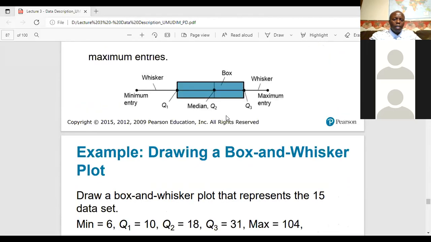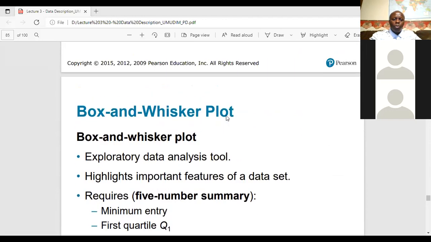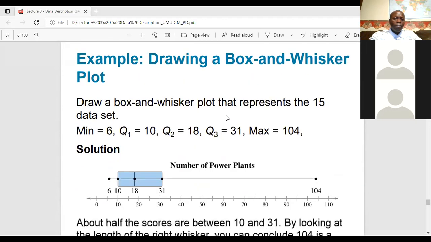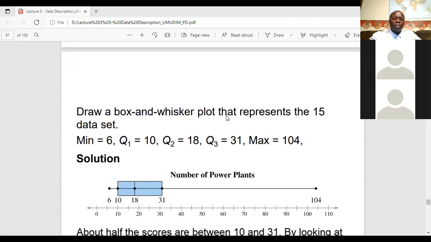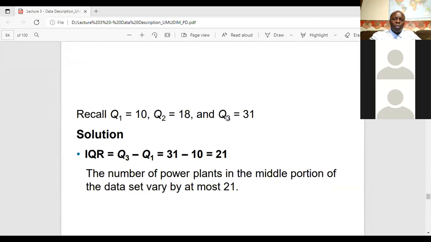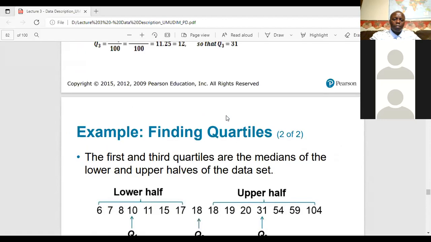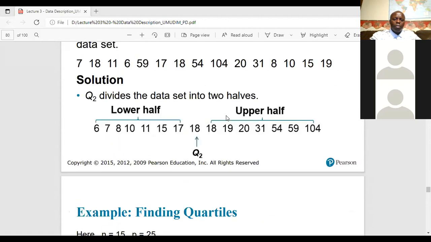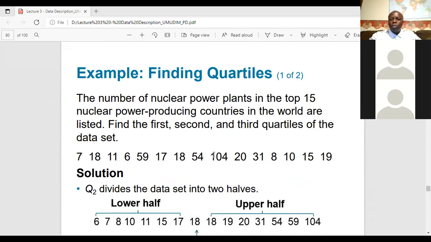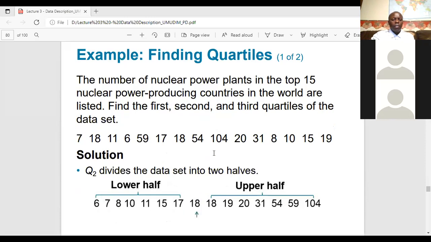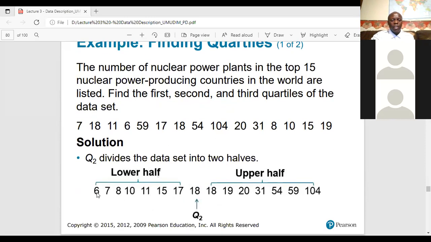Now let's see our example. Suppose we are asked to find the 5-number summary of this data. We already have the values for Q1, Q2, and Q3, so I'm going to write them down. Looking at this data, the lowest number is 6, so L is 6.